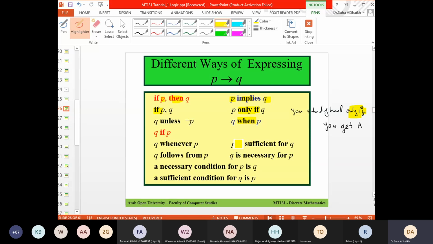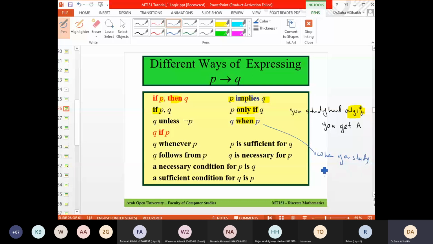When you study hard you get an A. فالوين ممكن نستبدلها مكان الاف.